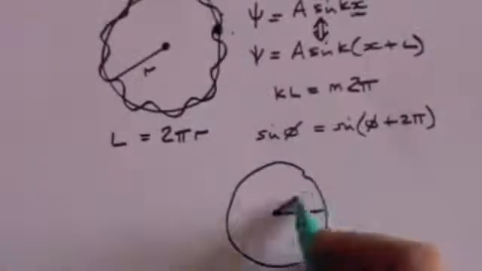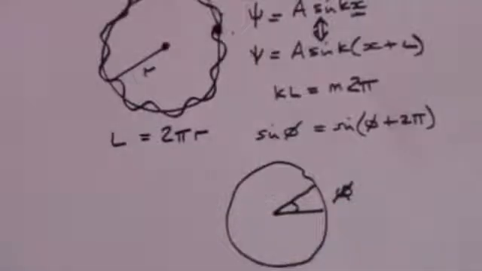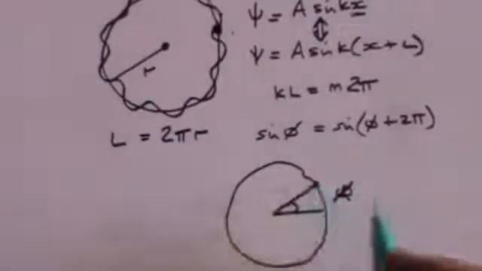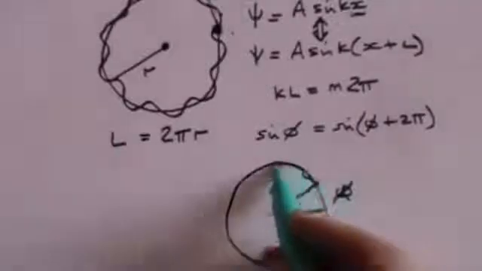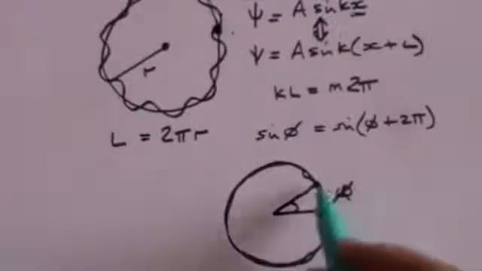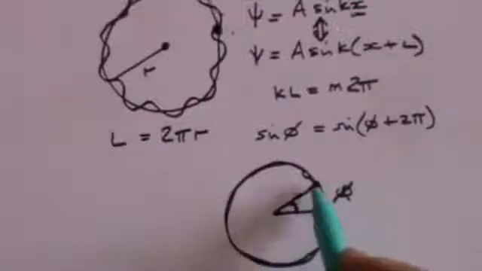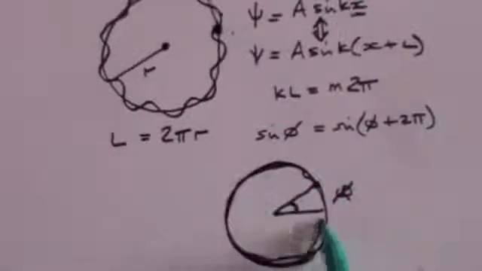Here is an angle, that angle is phi. So you're here. If you go round a distance 2 pi, you essentially just go right the way around the circle and end up where you started. So the sine of phi is equal to the sine of phi plus 2 pi. It's the same angle.